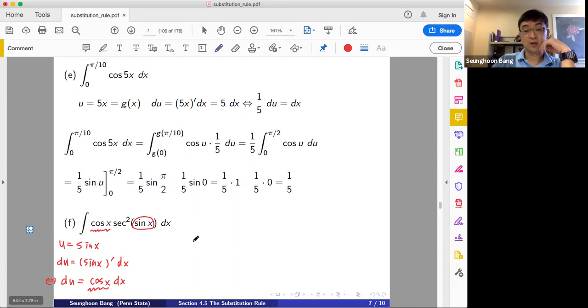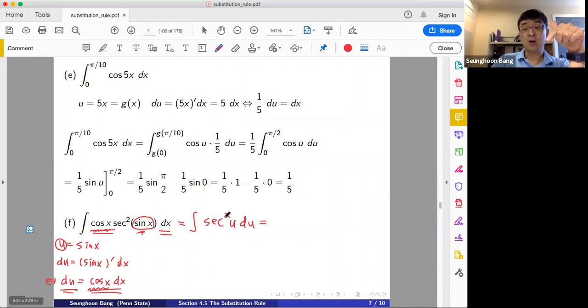Yes, good choice. This is the same as the integral: the sine x is u, you plug into here, the secant square of u. The cosine x dx is du. You can find the integral of secant square.